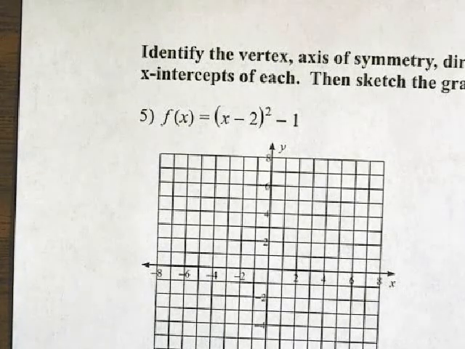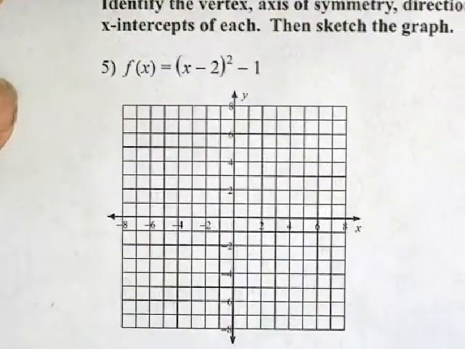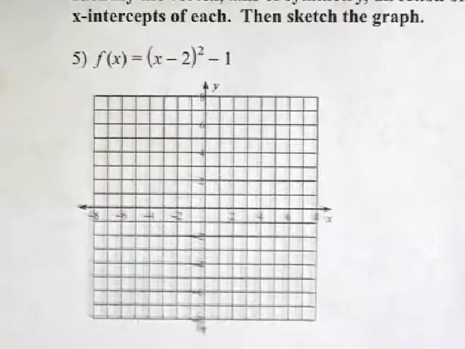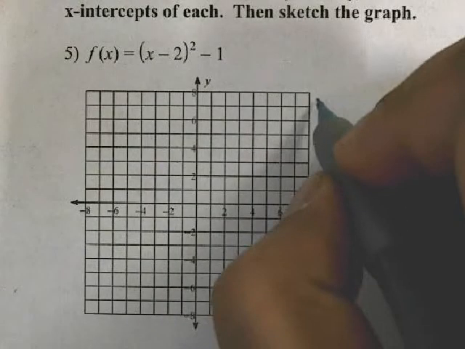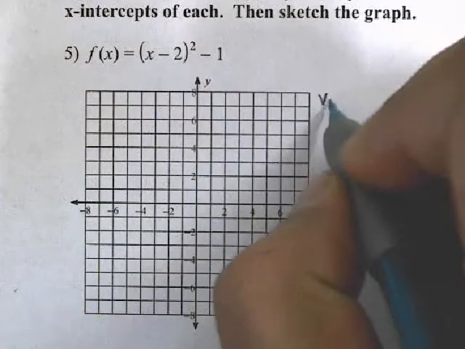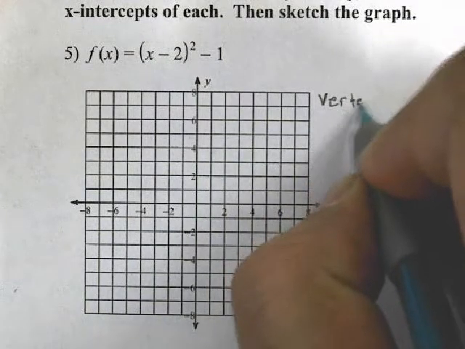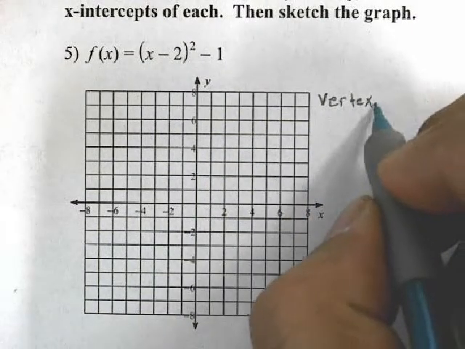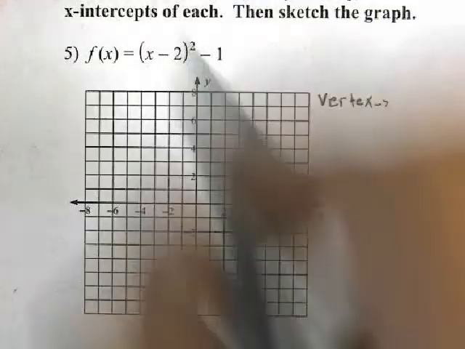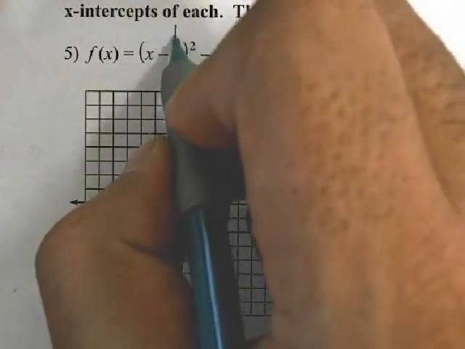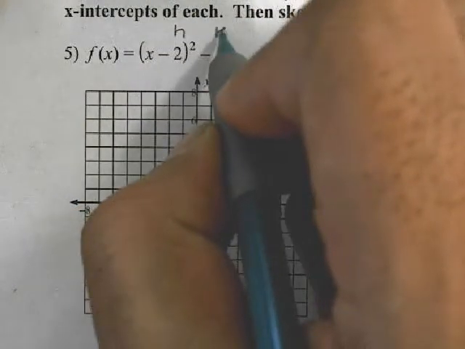I did not put everything we had to find on there. But we always start, the first thing every time, by finding the vertex. The vertex is (h, k). Here's h, here's k.